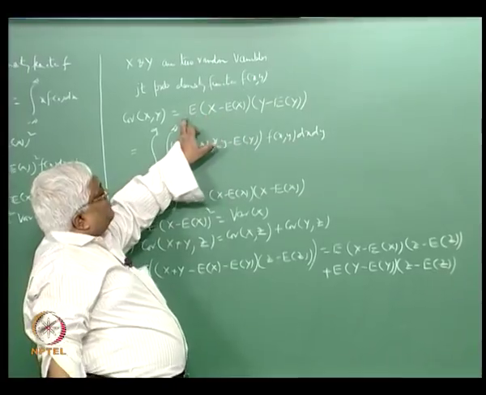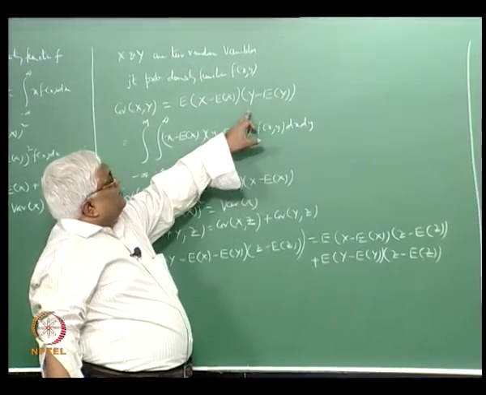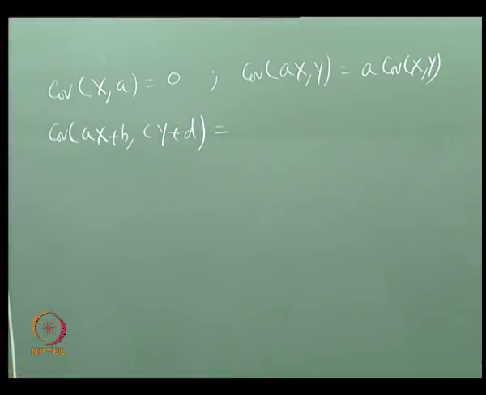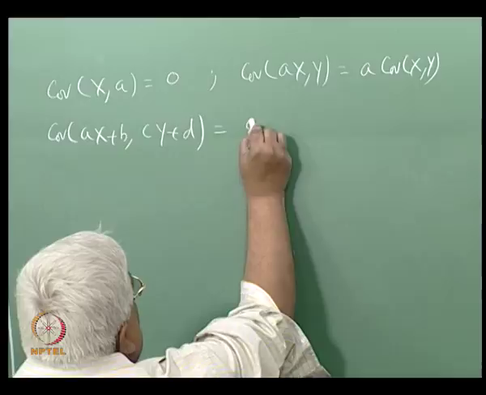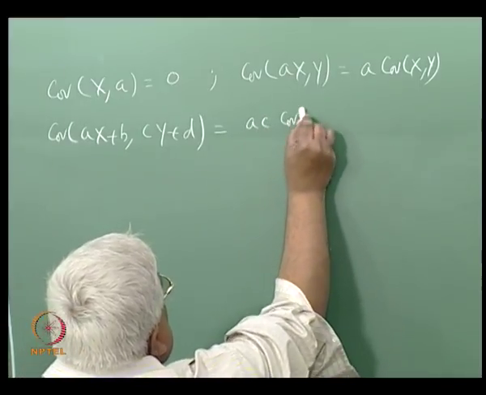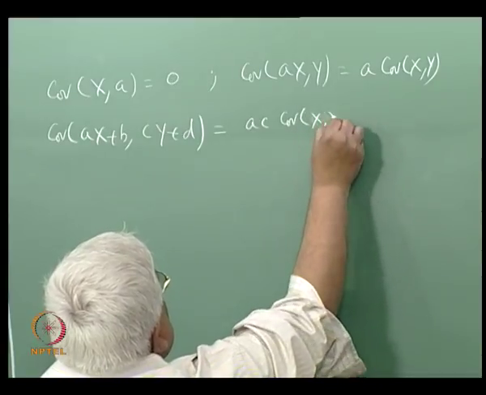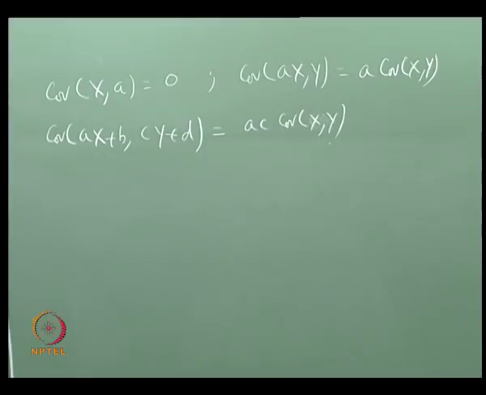So, a is going to come out, and x minus expectation of x into y minus expectation of y is the covariance. So, a times covariance x y. And covariance of a x plus b with c y plus d is equal to a c covariance x y.